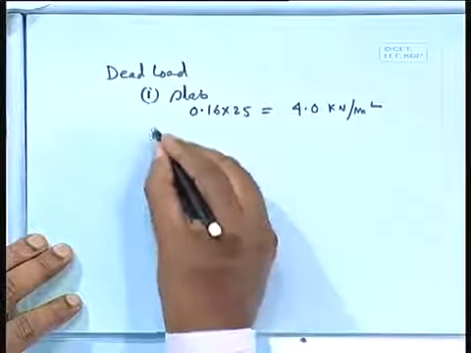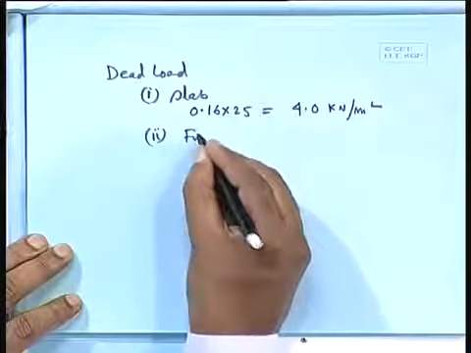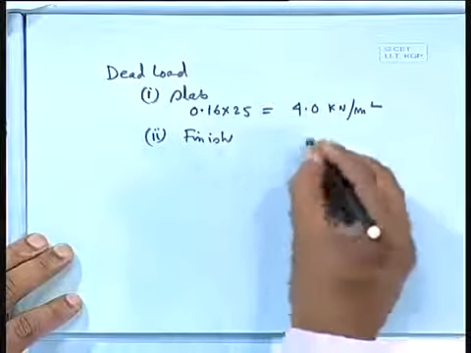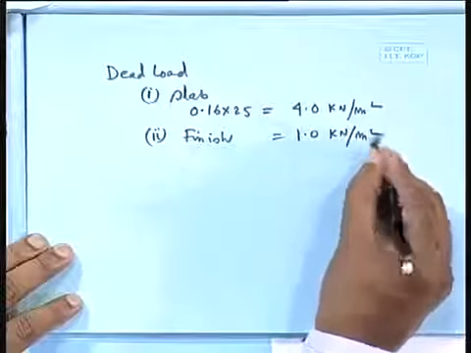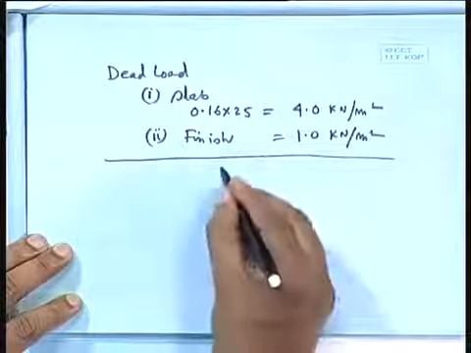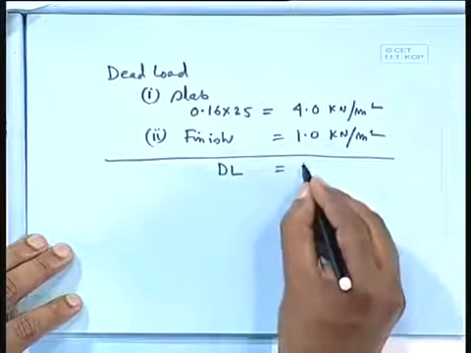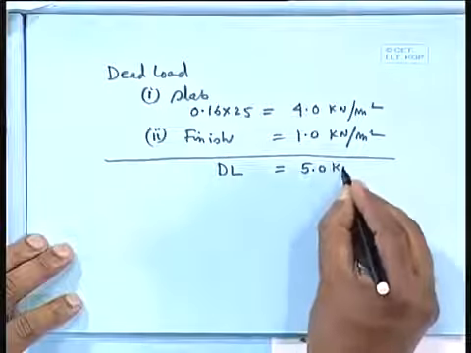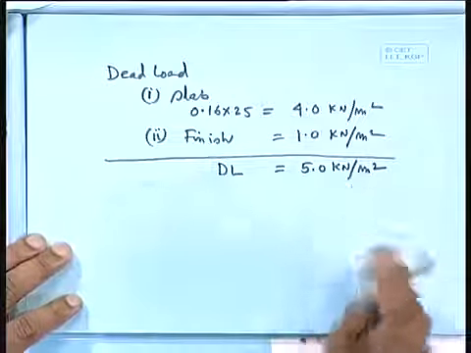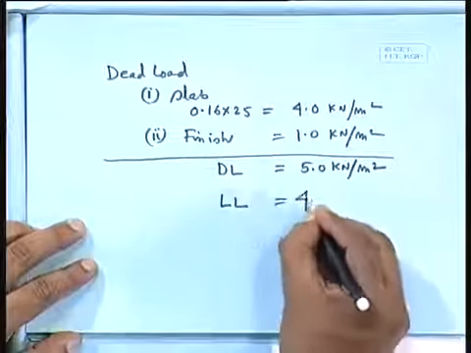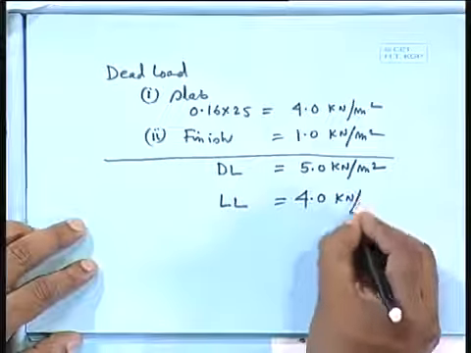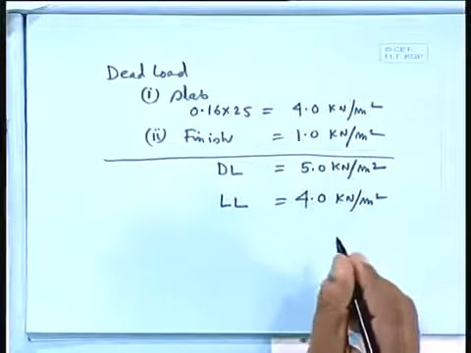Finish, 1 kilonewton per square meter, which is already given. Dead load is 5 kilonewton per square meter. Live load already specified, 4 kilonewton per square meter. Okay.